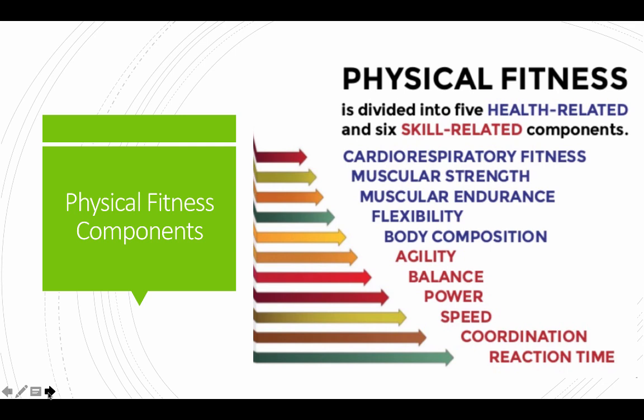The health-related have to do specifically with the health of our body, and skill-related all impact the ability to perform an actual skill. Now, both of them clearly are coordinated. If I have agility, balance, power, speed, coordination, reaction time, but I'm very unhealthy and I don't have a lot of muscular endurance and strength or flexibility, it's going to impact my ability to perform a skill.